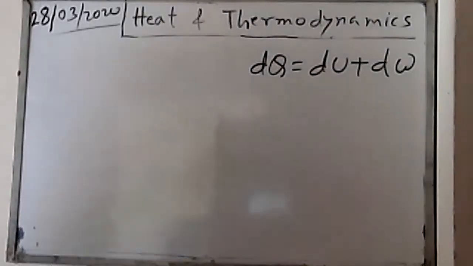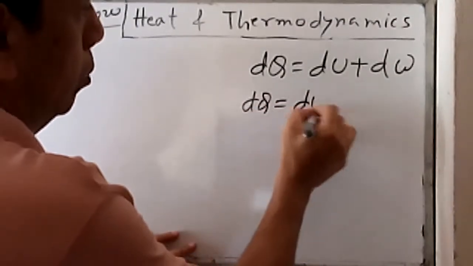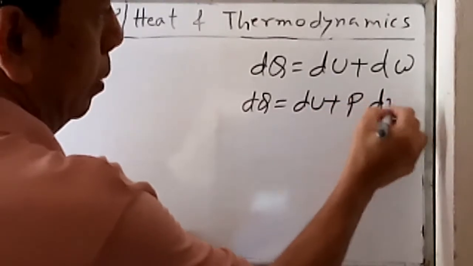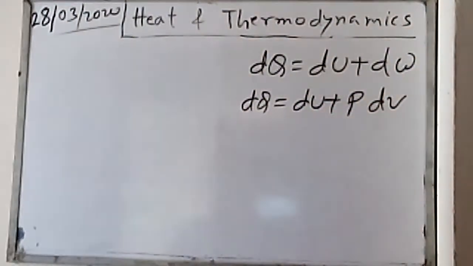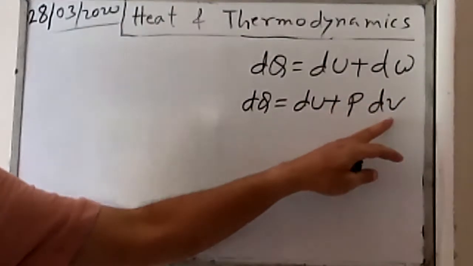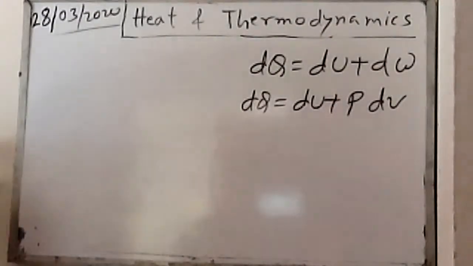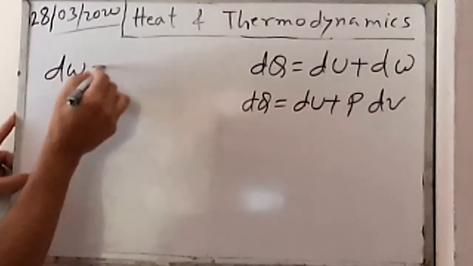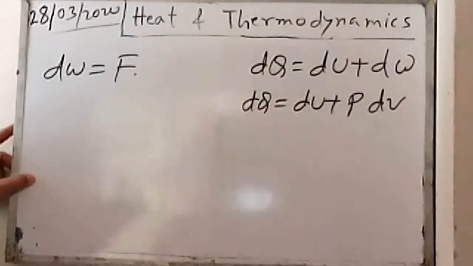Now you know dq equals du plus pdv, pressure and change in volume. Work done equals pressure into change in volume. You know work done equals force into change in distance.